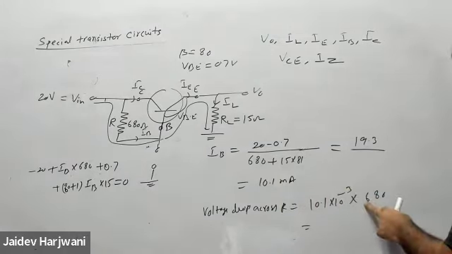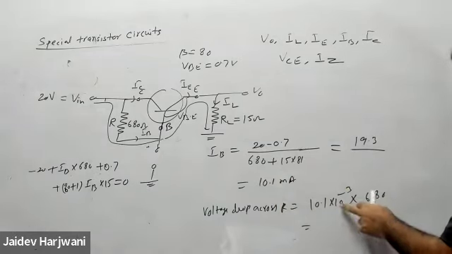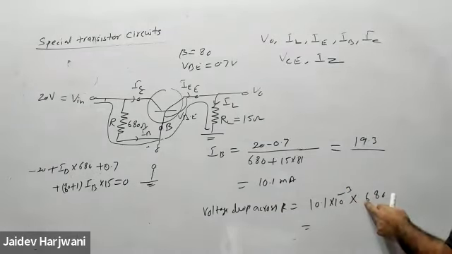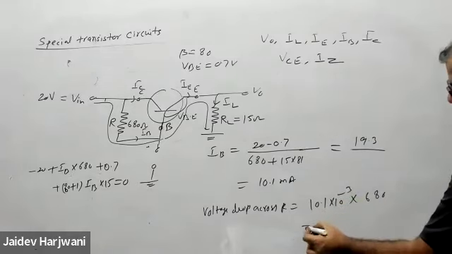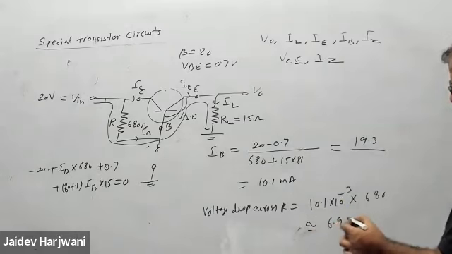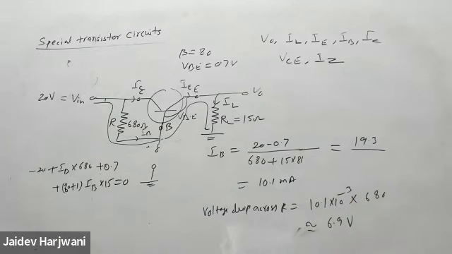This is 0.60 current. This divided by this one, 0.68 multiplied by 6, around 6.8 volt. I'm writing roughly 6.8, 6.9 volt. Is that correct? 680 into 10.1, how much? 6.8.